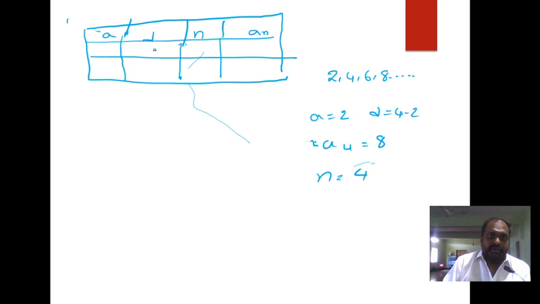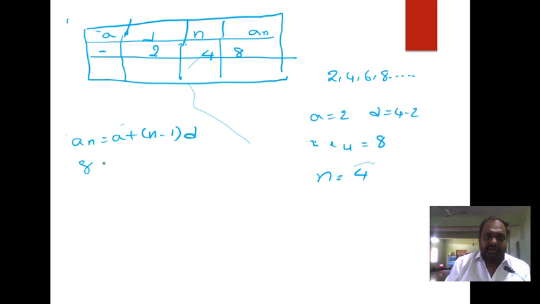So using the formula an is equal to a plus n minus 1 into d. We know an is 8, is equal to a, which we don't know, we have to find, plus n, the number of terms, 4 minus 1, into d.